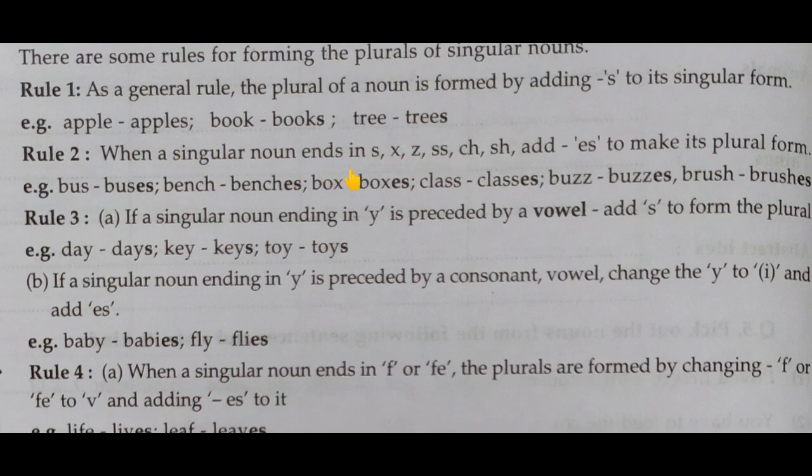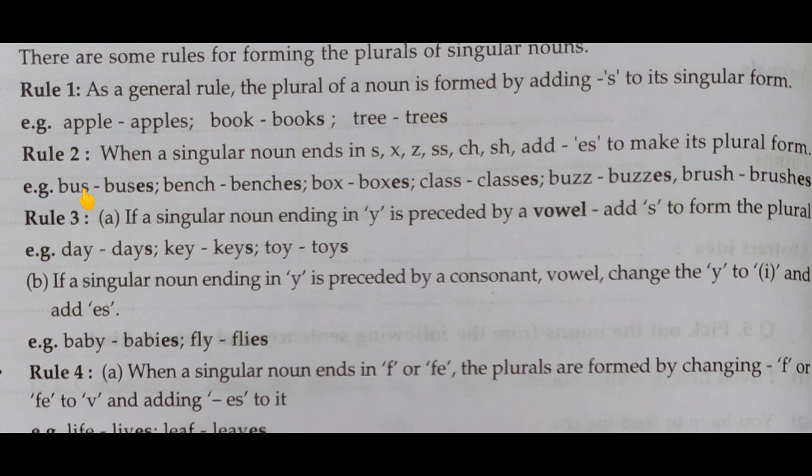So what is the second rule? If the singular noun ends with letters such as s, x, z, ss, ch, sh, then just add es to make its plural form. We will see that by examples.